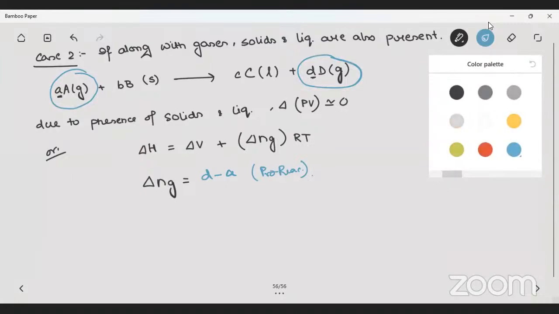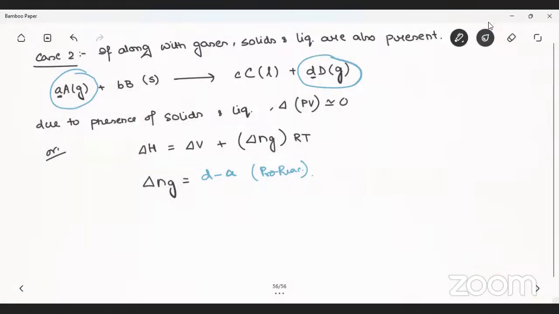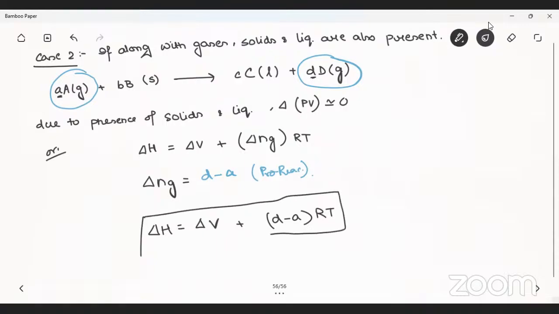Okay. Now, once we get this, then we can use this formula. This formula remains the same. Ultimately, delta H is equal to delta U plus (D minus A) RT. Okay, so is this formula clear? If in your exam, the question asks you to calculate the delta H for any liquid, then that formula works.